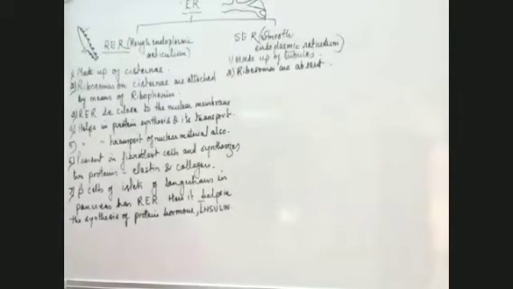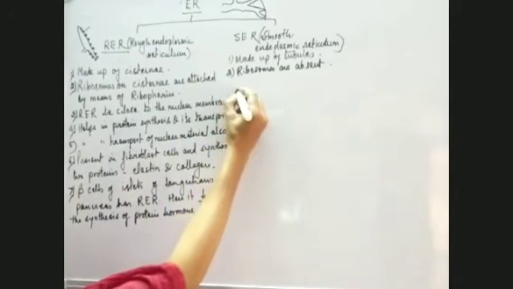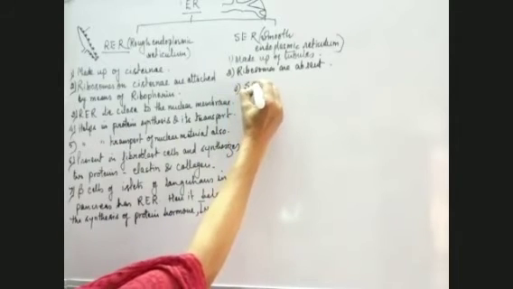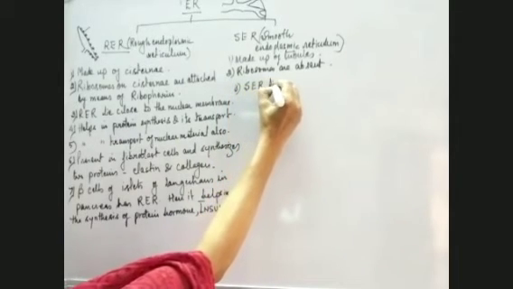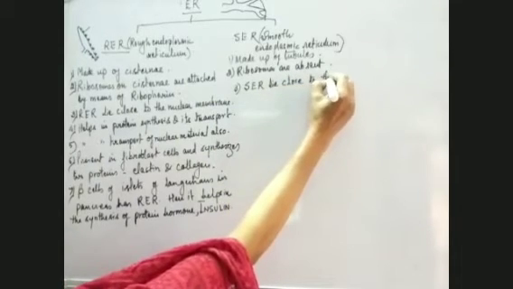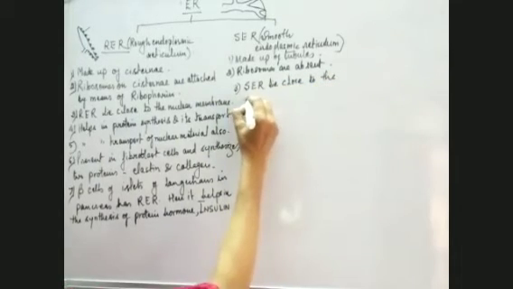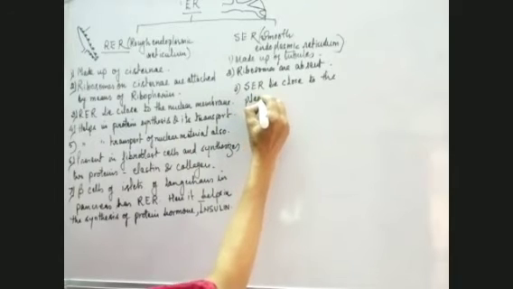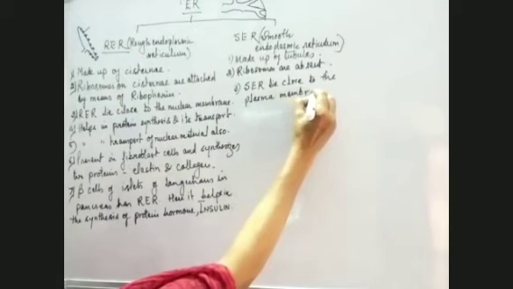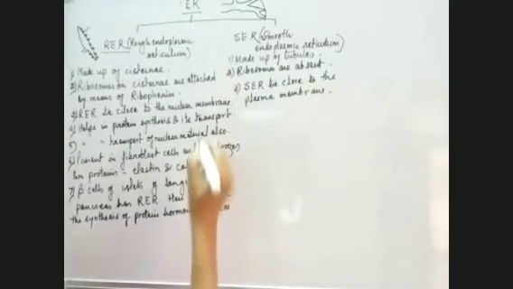The third point: smooth endoplasmic reticulum lies close to the plasma membrane.